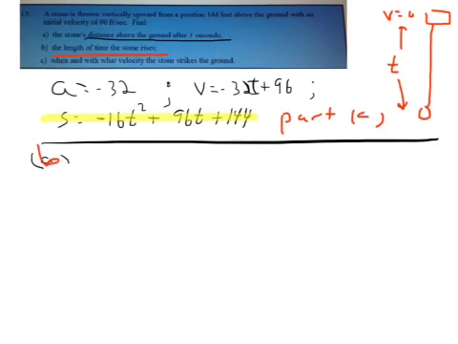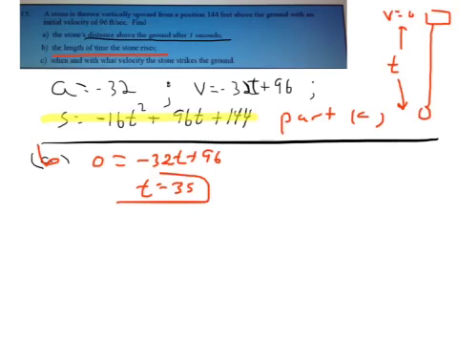So to answer B, we're just saying, when does my velocity equal 0? And so we get t equals 3 seconds.